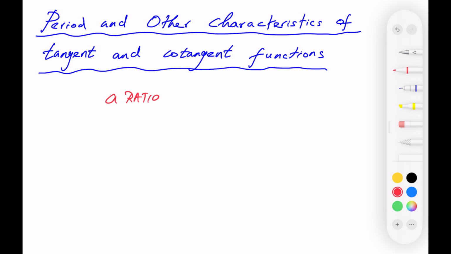Also, please note that when you write ratio, if there is a negative symbol, that has to be read alongside the tangent or the cotangent function, not with A, because A is still called the amplitude, even though amplitude doesn't make much sense when it comes to tangent and cotangent functions. And then we open brackets, write a B, open parenthesis, x minus c, close parenthesis, close the bracket, plus D.